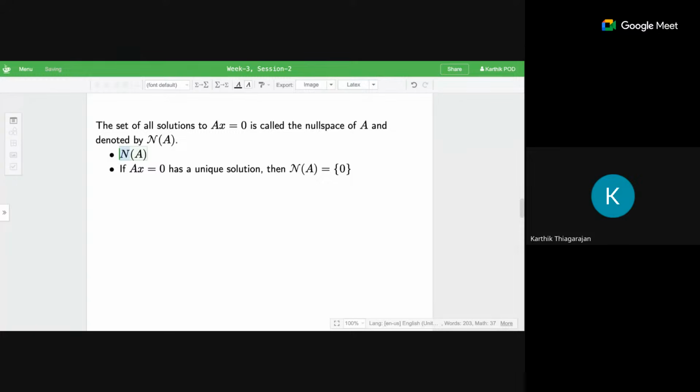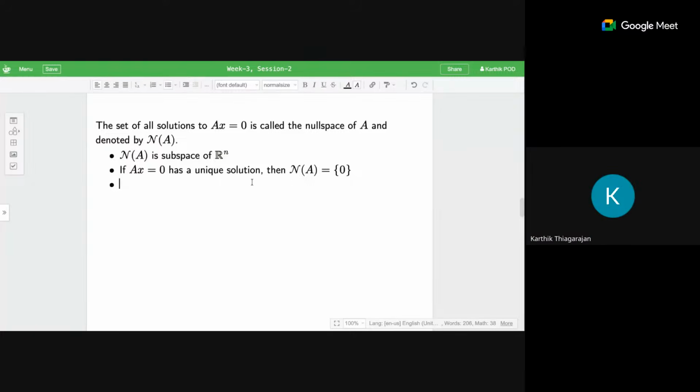Null space of A is a subspace. I'm repeating this, but it's okay to repeat such things. So null space of A is a subspace of Rn, and if Ax equal to 0 has a unique solution, then null space of A is 0. Okay, I hope you are all able to see this.